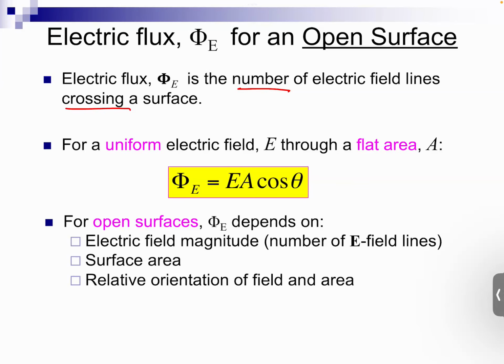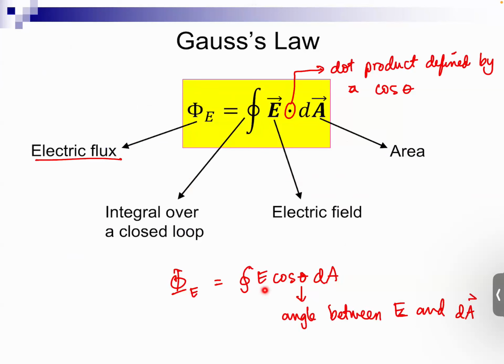And if the electric field is uniform, then the electric field is constant. The angle is constant, and therefore we can just bring everything out of the integral. So you have E cosine theta times the integral of dA, and the integral of dA is equal to A.